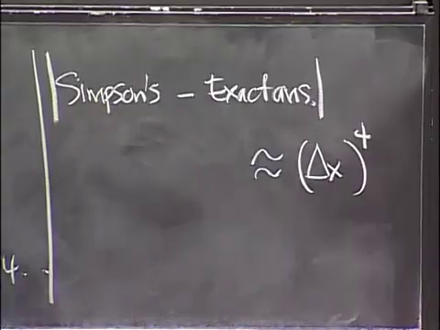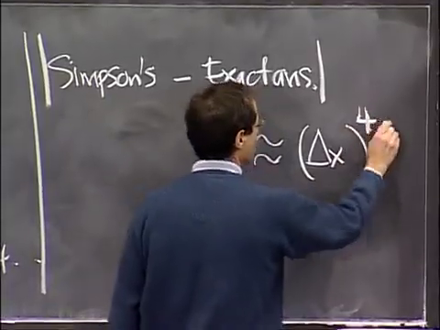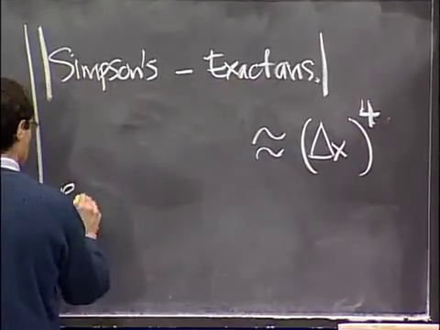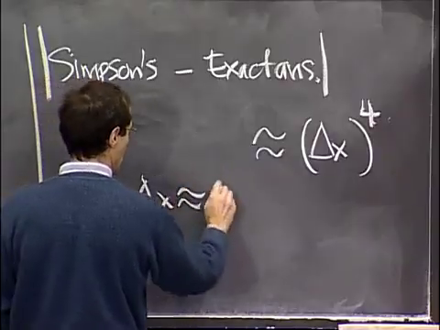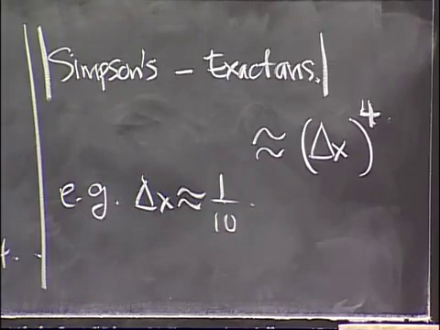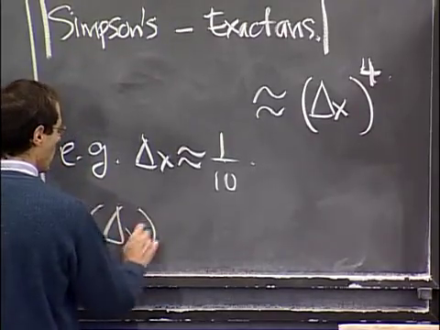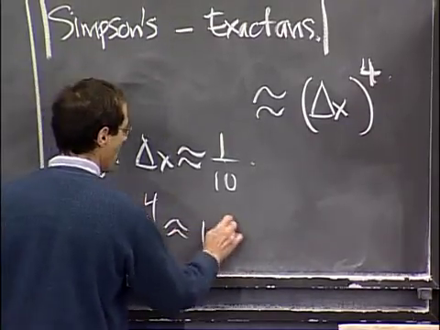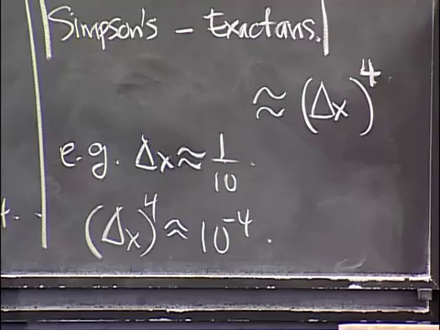That's really the way it behaves, which means that if delta x is about a 1/10, so if we had divided this up into 10 intervals, which we didn't, then you could expect the error would be about 10 to the minus 4th. In other words, 4 digits of accuracy here.